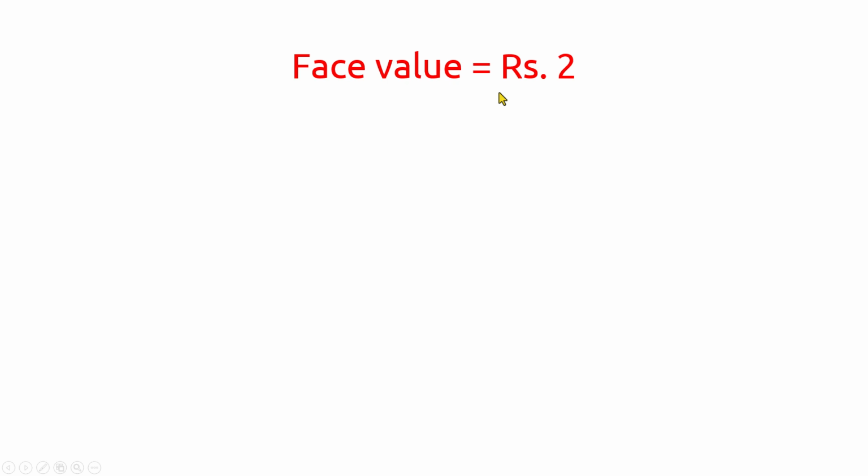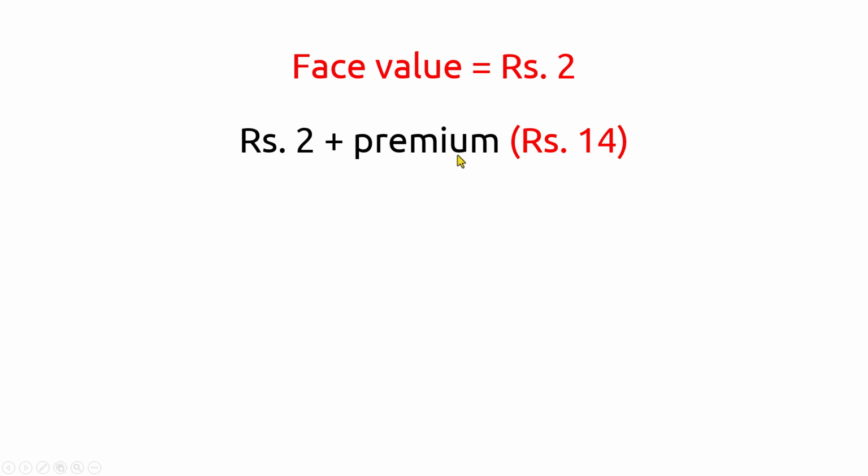Correct? Now, if the company wants to offer shares in an IPO, they will offer it at a price which is equal to this 2 rupees, which is the face value, and a premium.